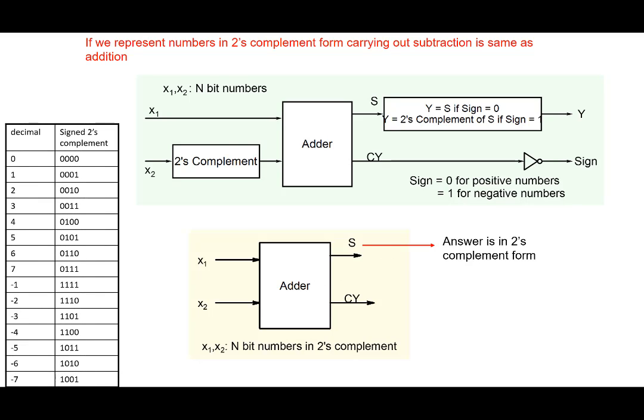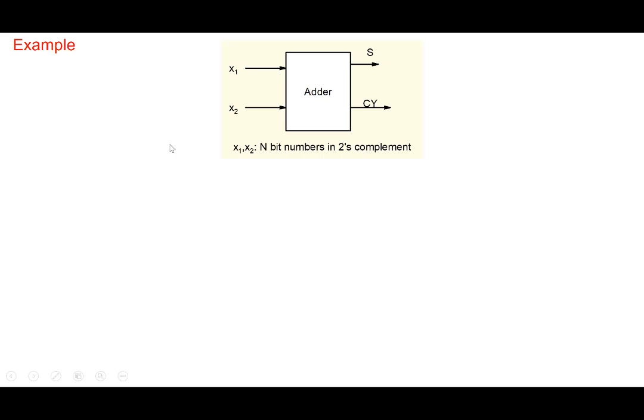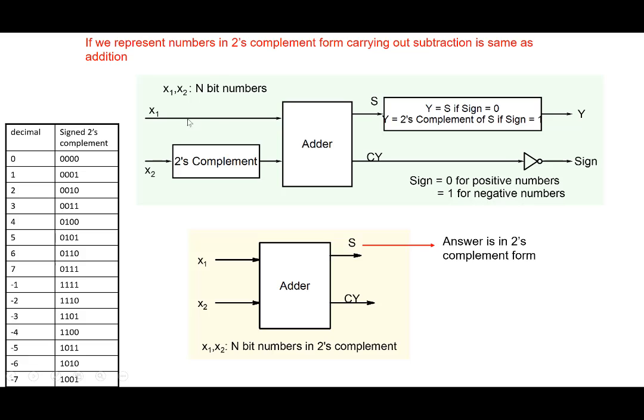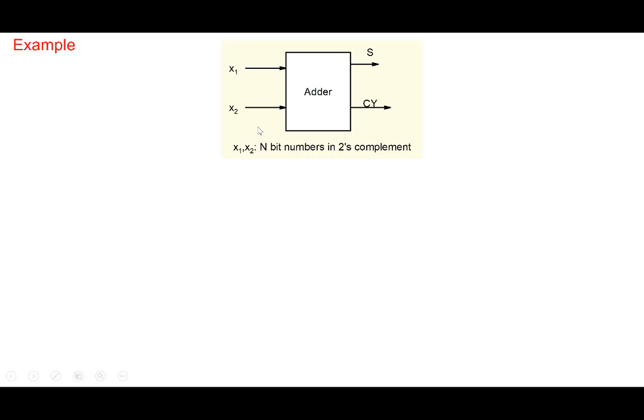Okay, so this is the twos complement part here, right? So let's illustrate that. What we are saying is that instead of showing it as separate, we are combining the two and saying that the whole answer is available in twos complement form, and the numbers are also fed in twos complement form here. And twos complement form of x1 is nothing but the same number here, except that we are using one extra bit here. All right, so let's illustrate that here.